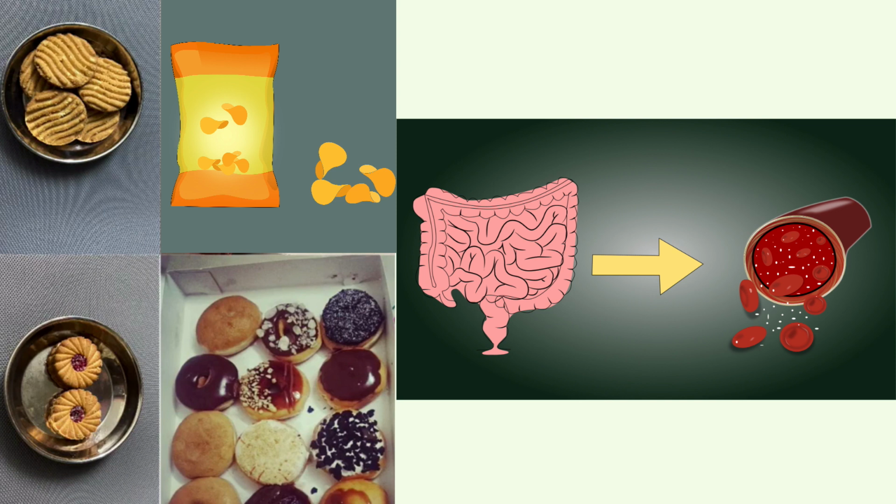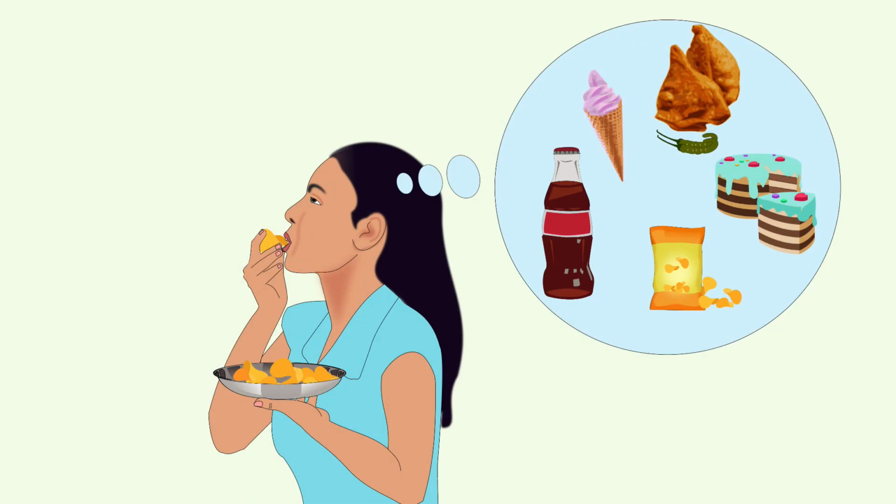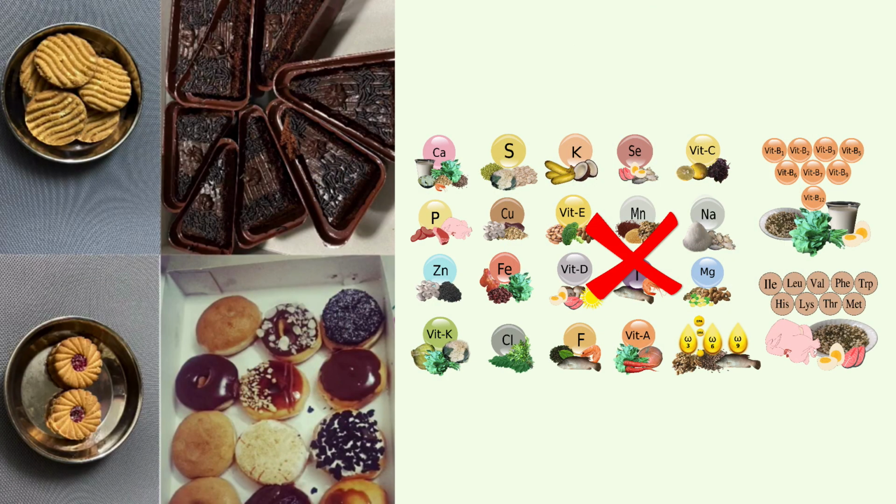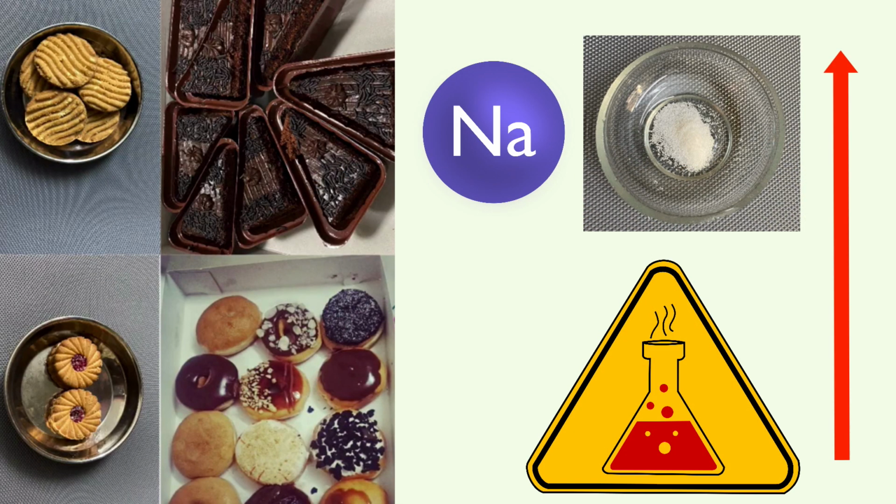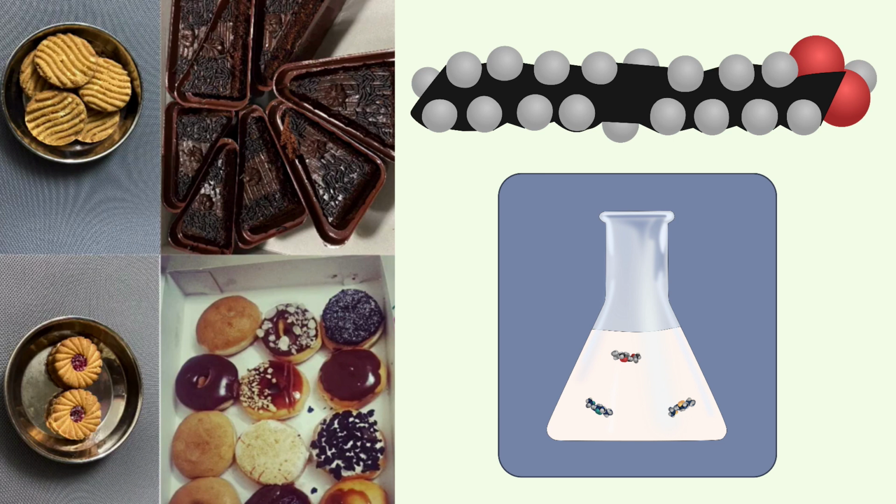Simple, highly processed carbohydrates like biscuits and chips digest quickly. However, they tend to leave us unsatiated. They are not rich in nutrients. They have high amounts of sodium and industrial chemicals. They also have trans fats and preservatives.